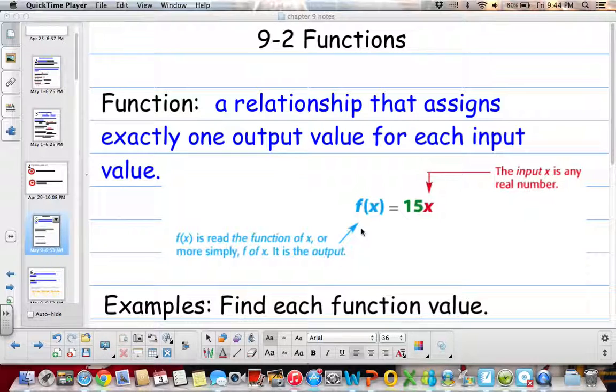We can input any number for x, and we will get an output, which is f of x, okay? But each value that you put in for x has only one output value. You cannot have more than one value with the same x.